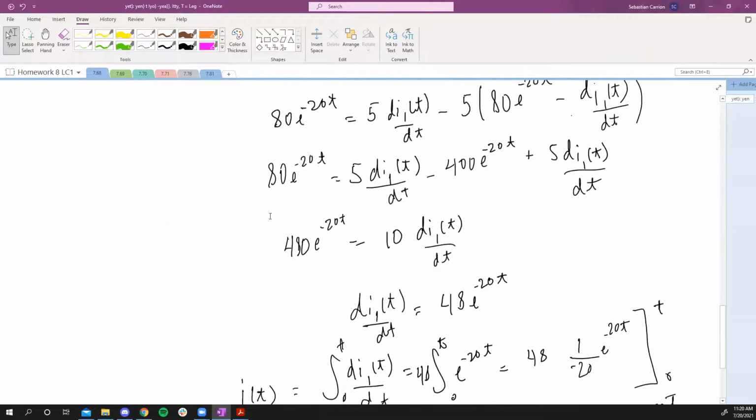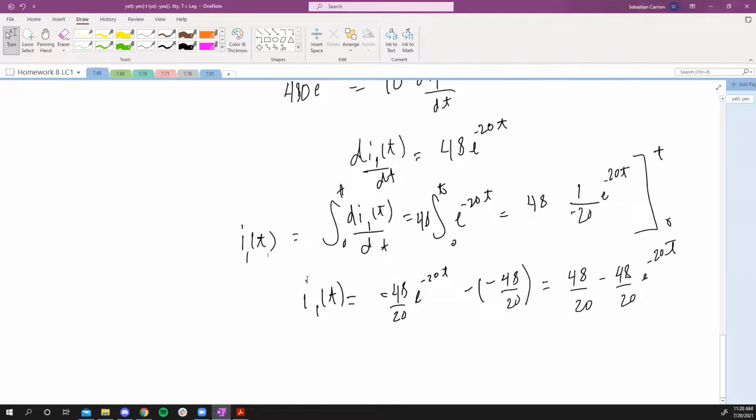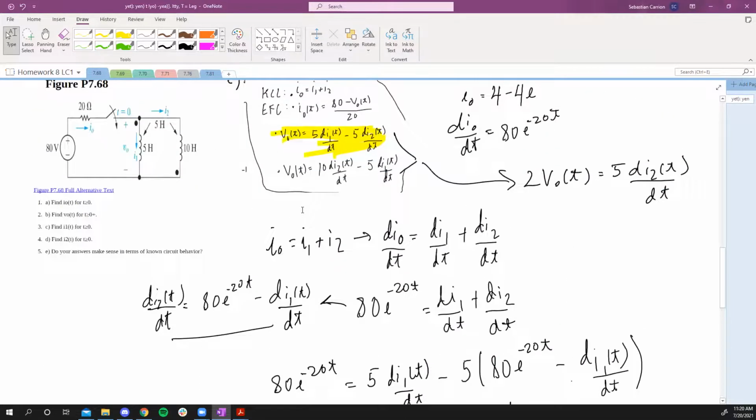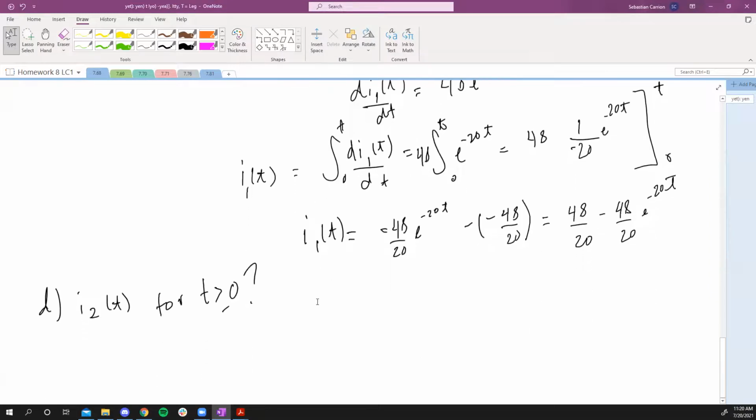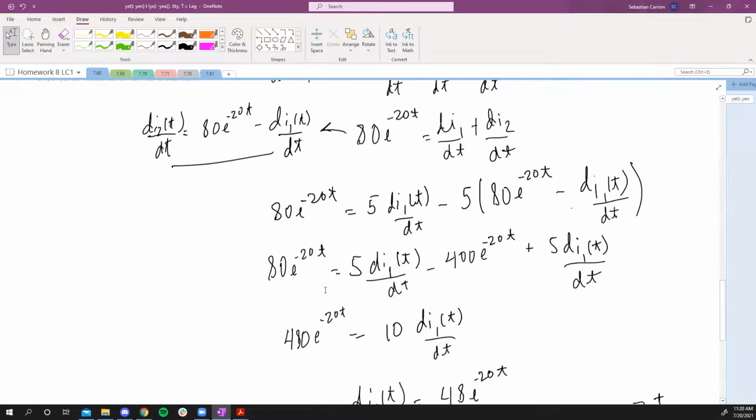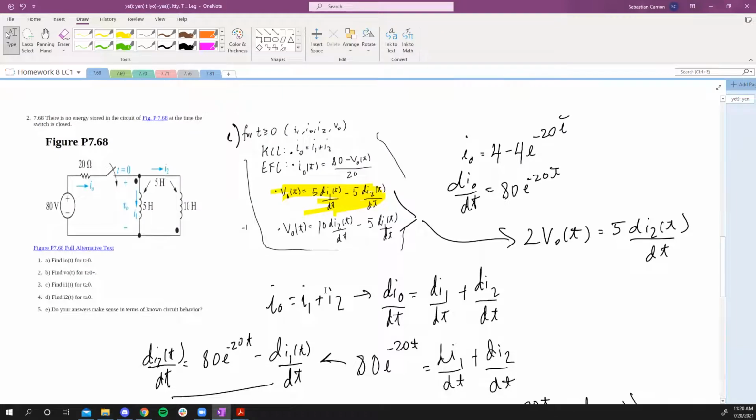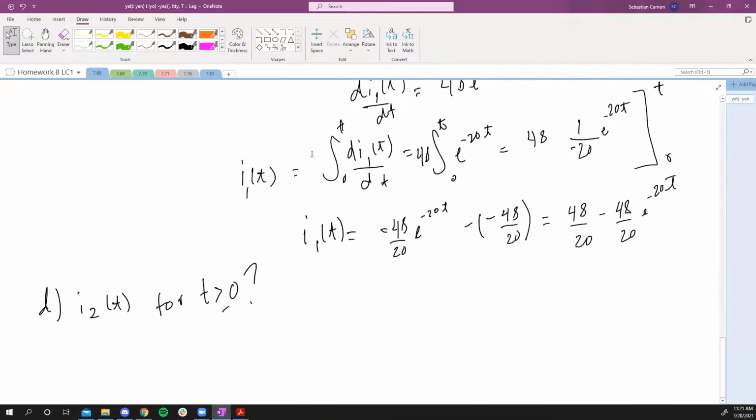It's asking for i2, right? That's what it's saying. Yeah, i2. So to find i2, we can either go through this whole process again, or we can just use this KCL where we know the value of i naught and i1.